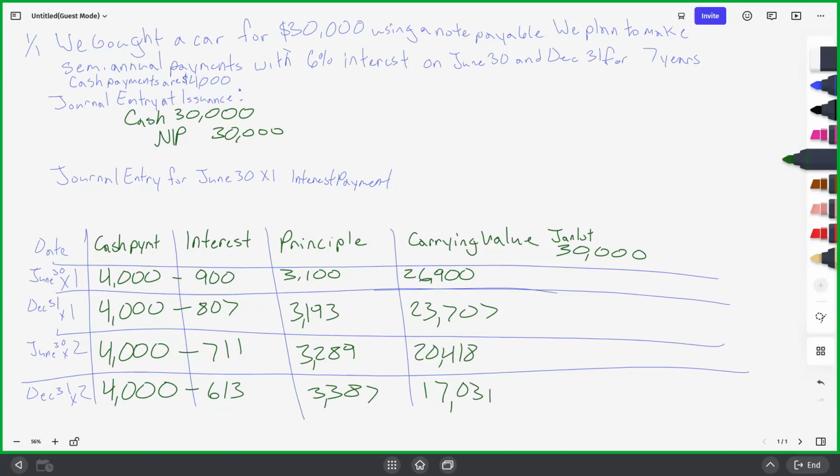So, how do we set up a journal entry for the interest payment? What's debited, what's credited, and we're going to take the numbers from June 30th. Note payable first. And what number is note payable?